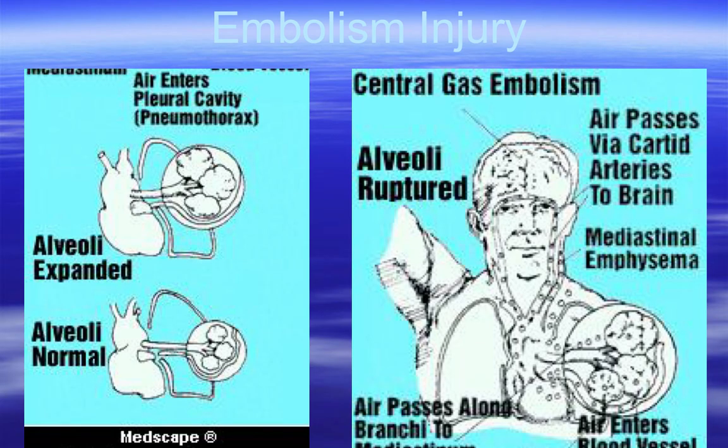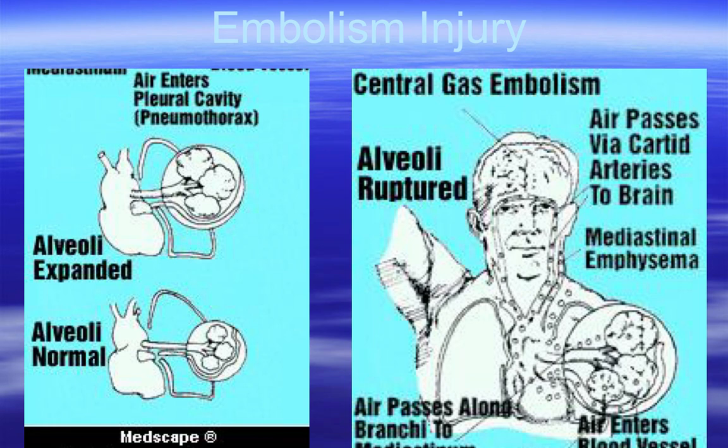Here is a visual representation of what's happening. Air is going to enter the pleural cavity, and as the pleural cavity expands, our lung, depending if we have two pneumos or one pneumo, is not going to be able to expand. If we have our alveoli rupture, an air embolism can go into our vasculature. Now we have an air emboli.